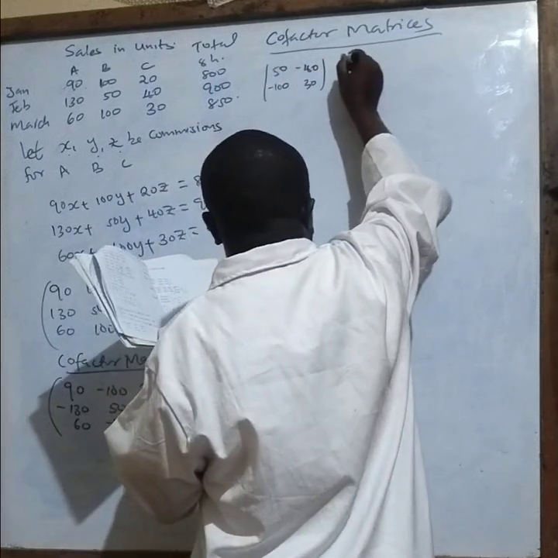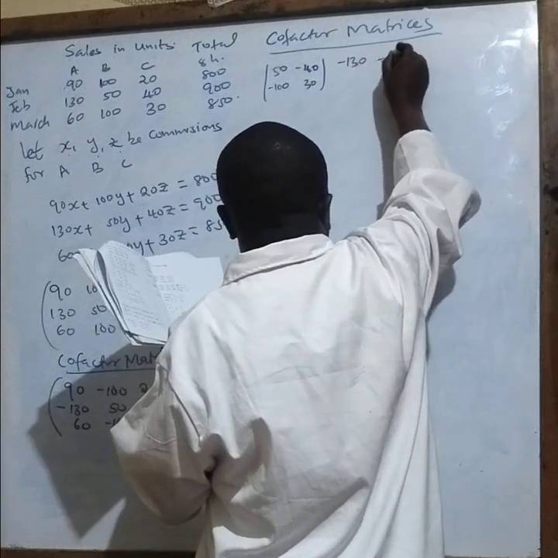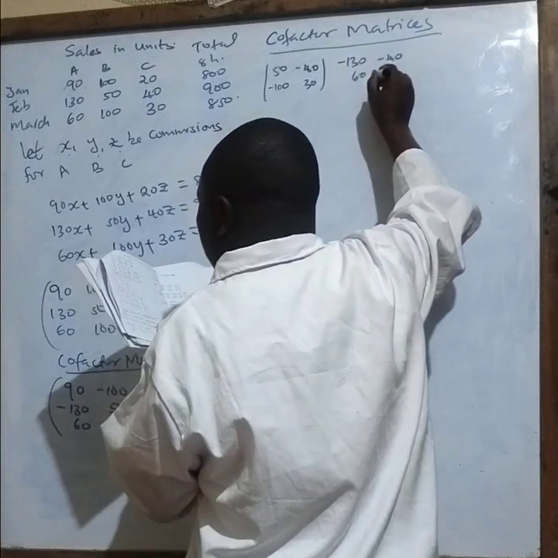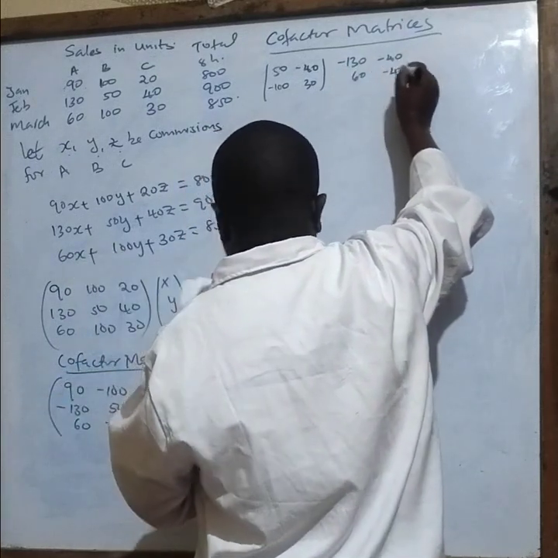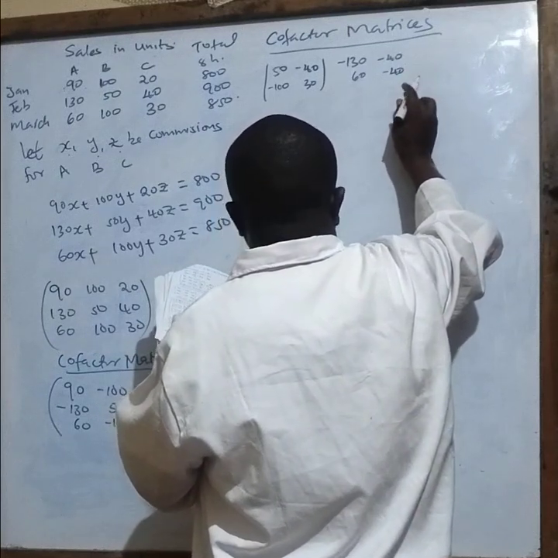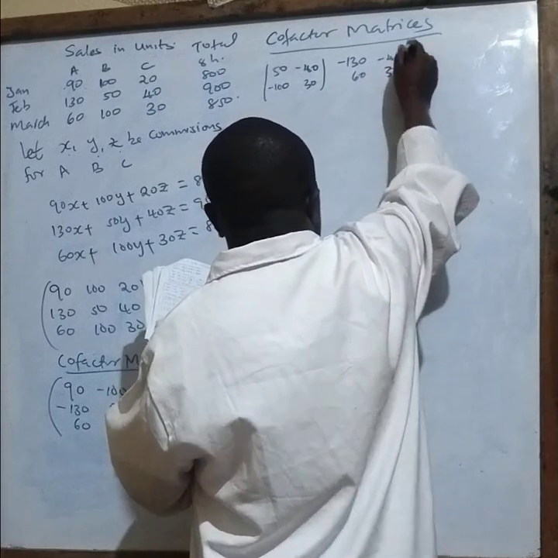Then negative 130, negative 40, then 60, positive 30, sorry.